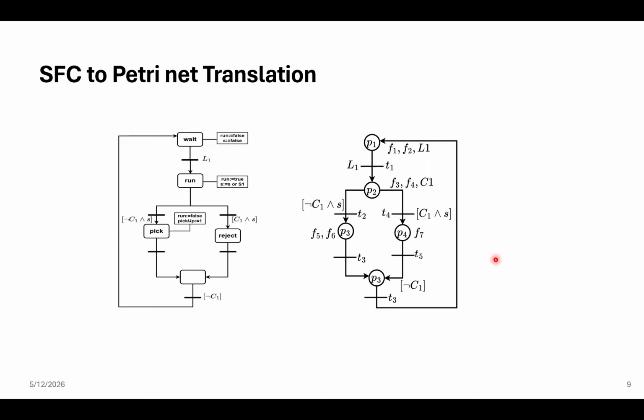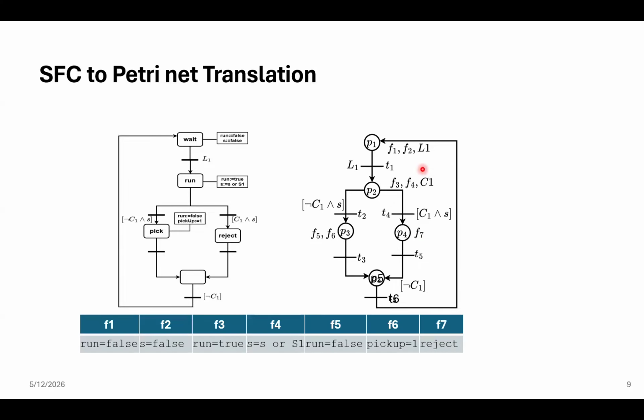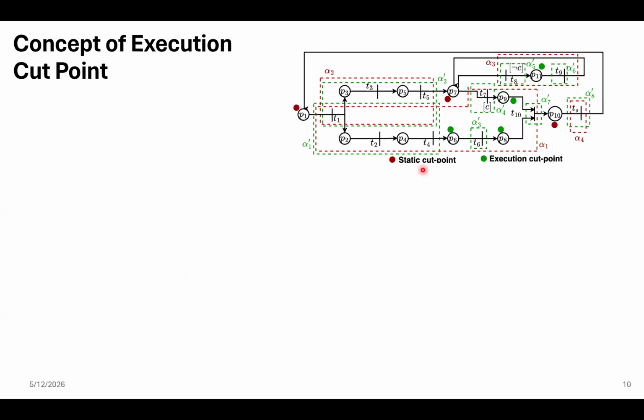You can see this is a one-to-one correspondence. Every step corresponds to a place, every transition corresponds to a transition, and the actions associated with the steps are treated as a sequence of functions associated with the places. So this is F2, F3 and so on.